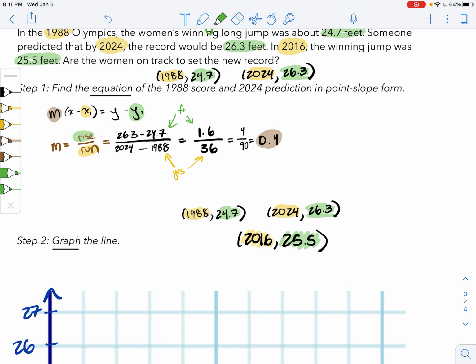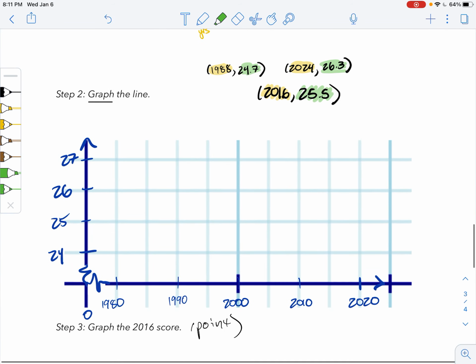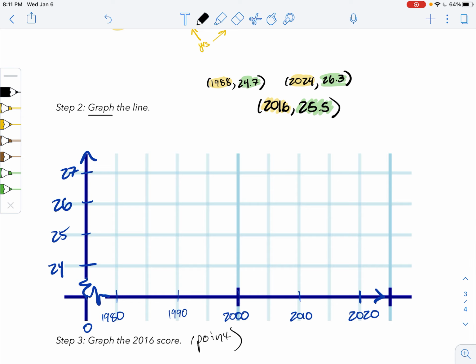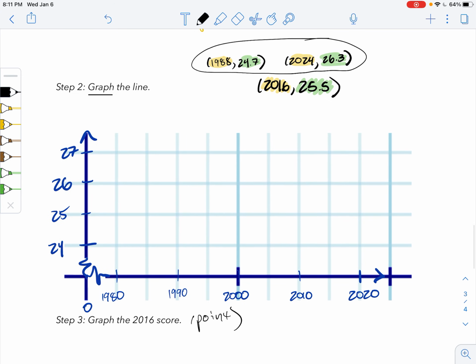So we can graph our line, or here, it's time for the cheater method. Since our line goes between these 2 points, let's just put those 2 points in and then connect them. So we go over to 1988, which is going to be like here-ish. And then it goes up to 24.7, which is going to be like there-ish. So there's our first point. Let's label it.